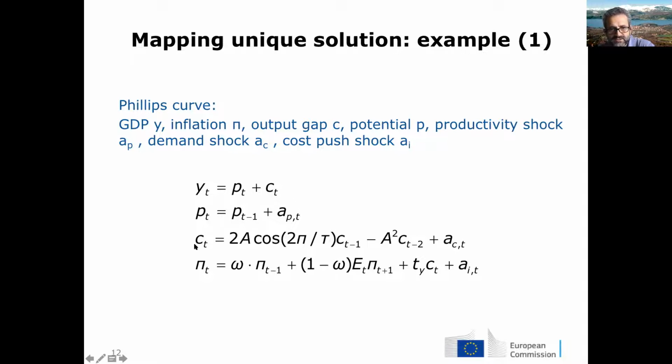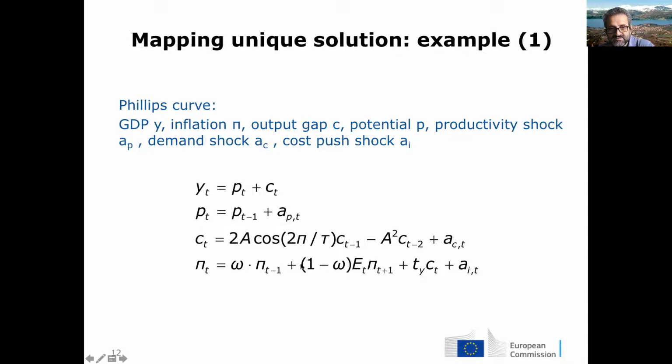In this case, we modeled the rest of the variables as exogenous processes. So we have GDP, and GDP is just decomposed in a cycle and a trend. The trend is a random walk process, and the cycle is just an AR2 process.